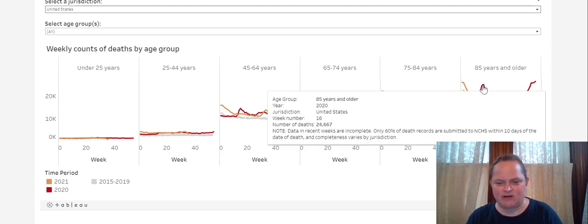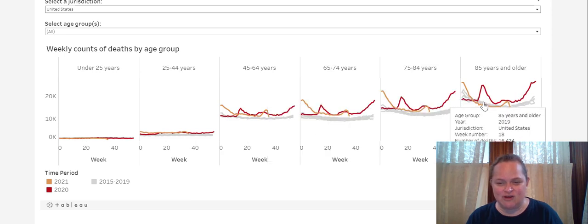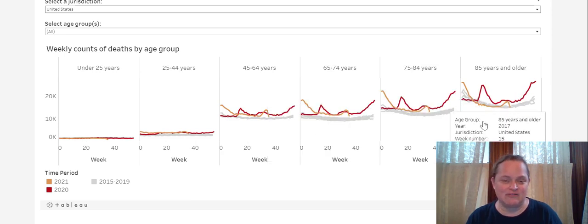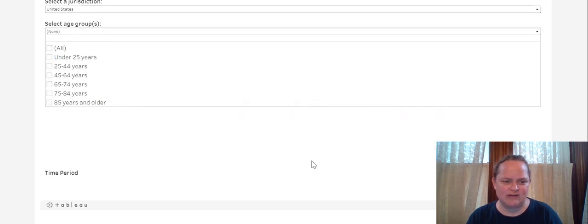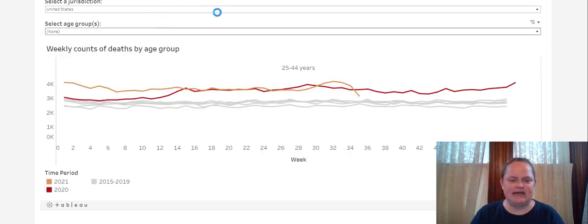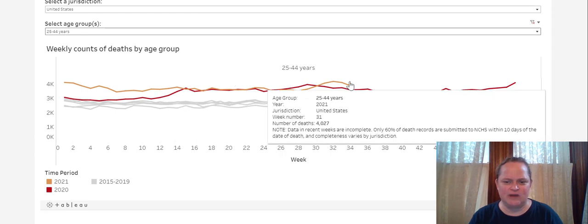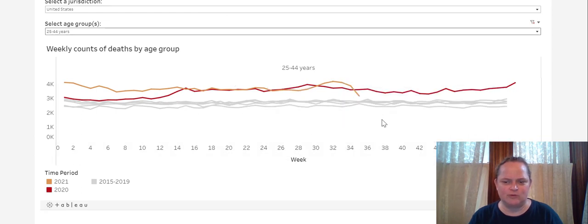So what we have up here, almost 25,000 deaths versus what's usually about 16,000, 17,000 deaths. That's a huge difference. Those numbers are a lot bigger and they're a lot easier to see. You really have to focus in on a specific age group to really be able to see that, there is not much wave structure until we get to summer 2021.